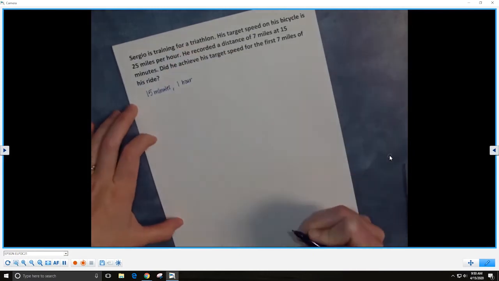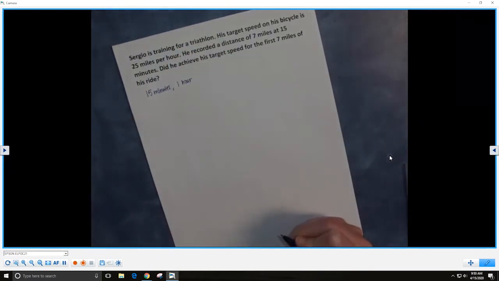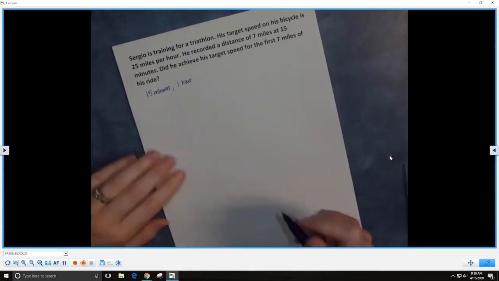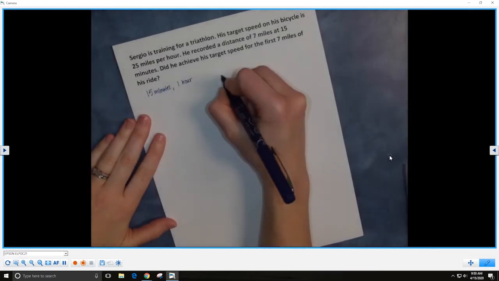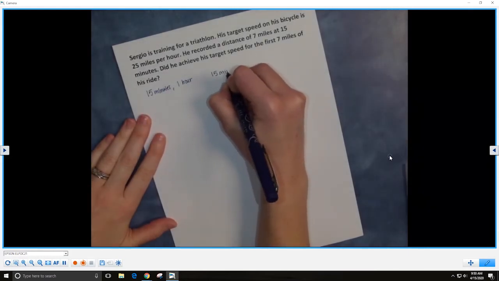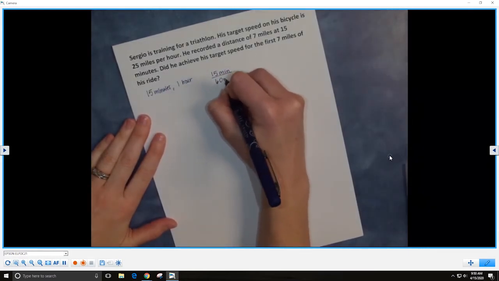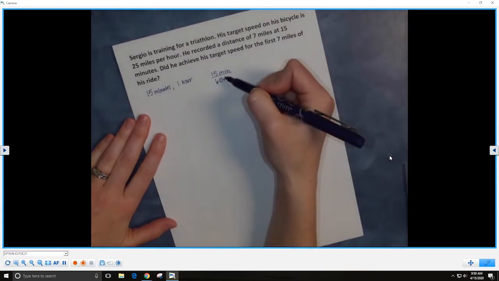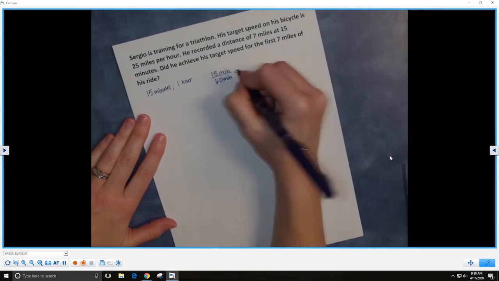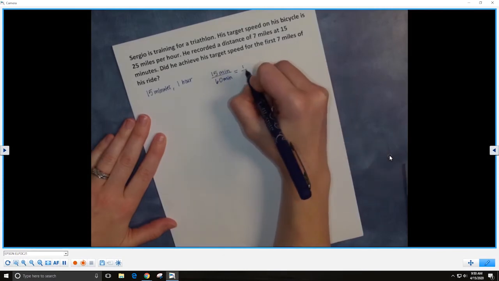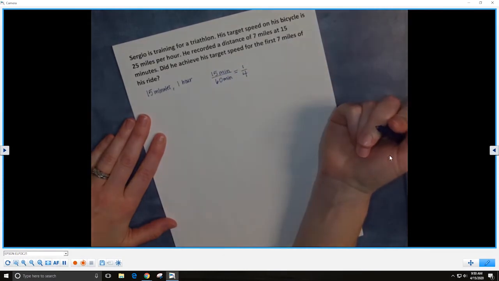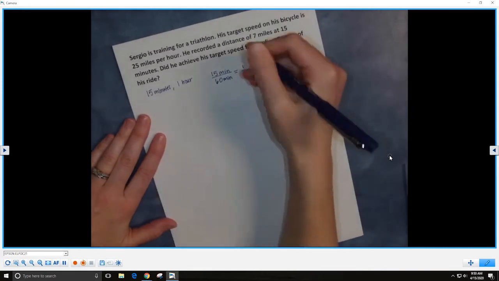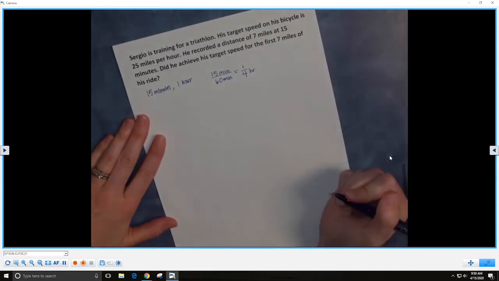Well, there are 60 minutes in 1 hour, and 15 minutes have passed. So 15 out of 60, or 15 minutes out of 60 minutes, is 1/4. So 15 minutes is 1/4 of an hour.